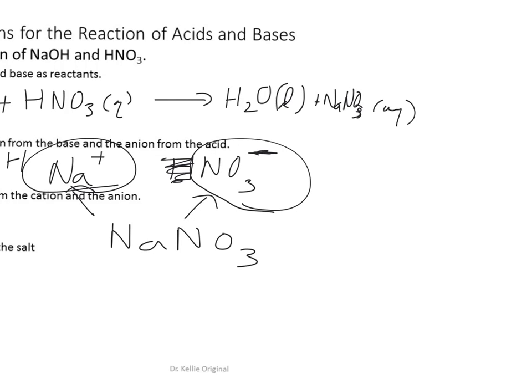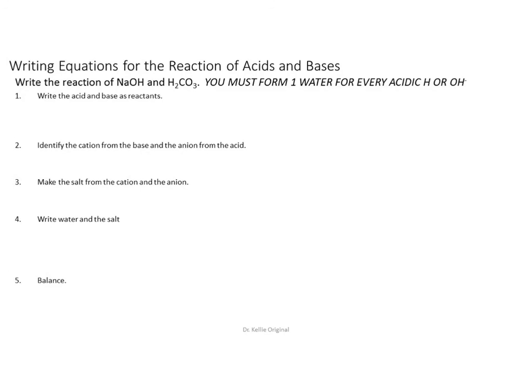Now let's have you try one. Oh, whoops. Got ahead of myself here. Before you try one, let's do one more. This is going to be a little bit different than normal. We're dealing with a polyprotic acid here.